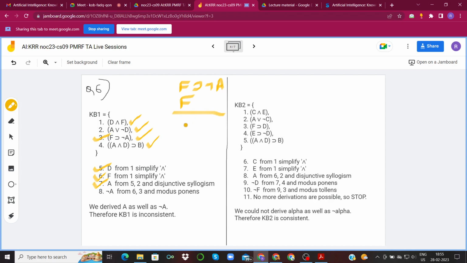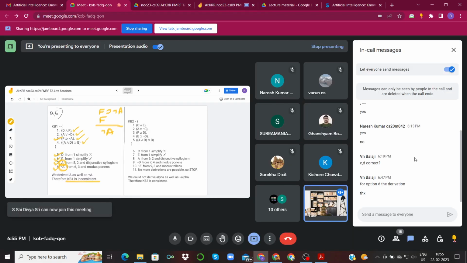So we apply modus ponens and we get not A, right? So we have derived both A and not A, right? Therefore, knowledge base 1 is inconsistent. Any doubt about this part? About knowledge base 1?